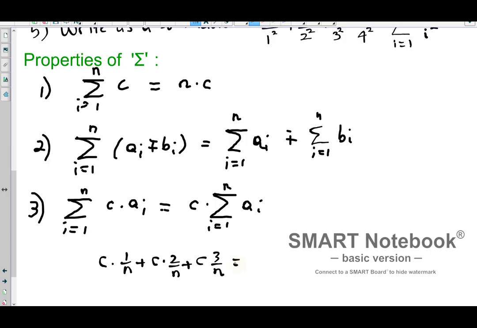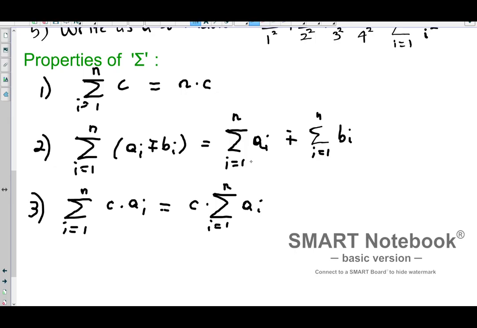So you could write this as c times 1 over n plus 2 over n plus 3 over n, which is the quantity you could write as a sigma notation. So just the constant c can be factored out from a summation, and because it doesn't depend on i, it can be taken outside of the summation notation, and the pattern will still remain in your sigma notation.